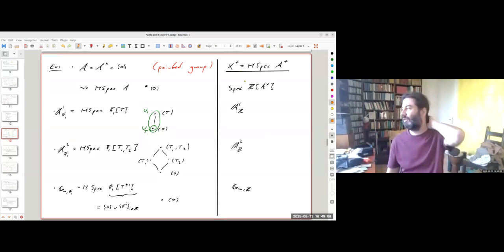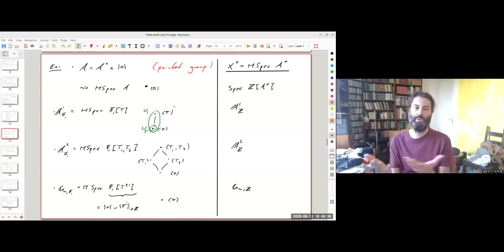And then the base extension, I put down the base extension, this is something like Z adjoined, this is a group algebra here. The affine line is the spectrum of F1 adjoined T, in analogy to usual schemes, and it's justified by the base extension being the affine line over Z. And here we find two prime ideals, the 0 ideal, and then the ideal generated by T. There are no other ideals.